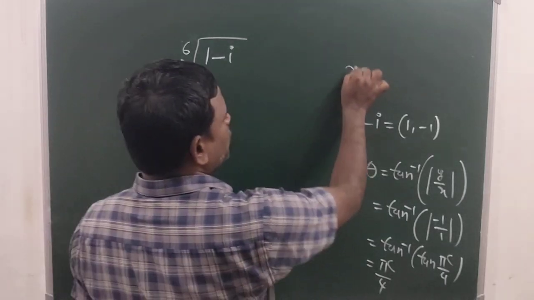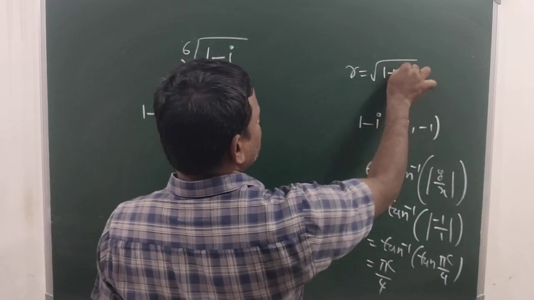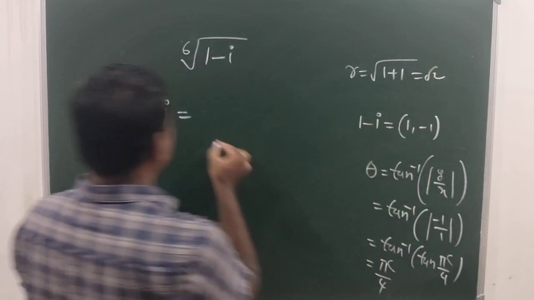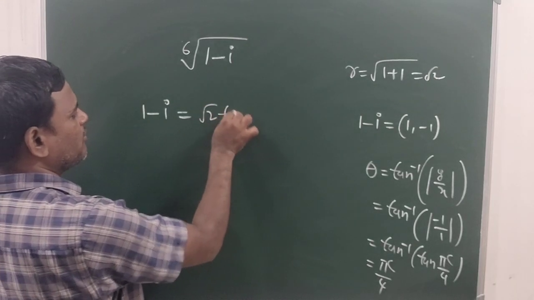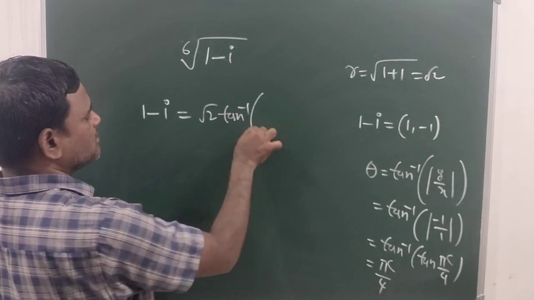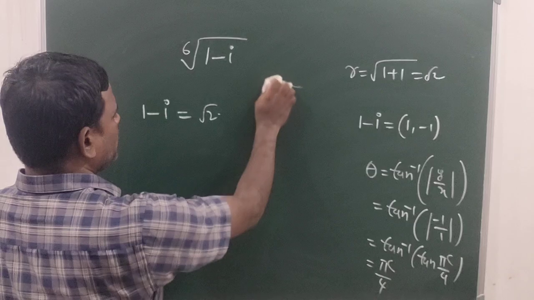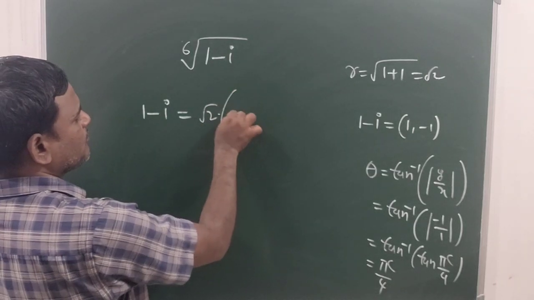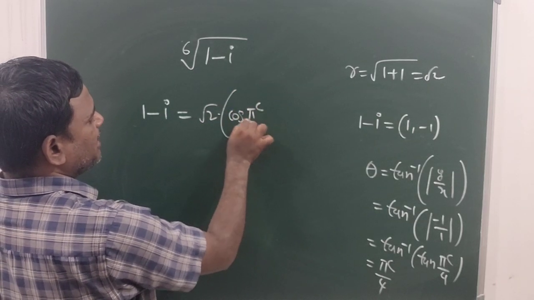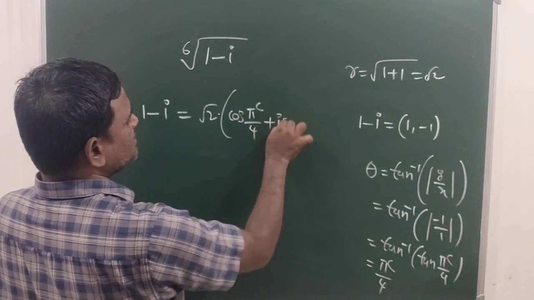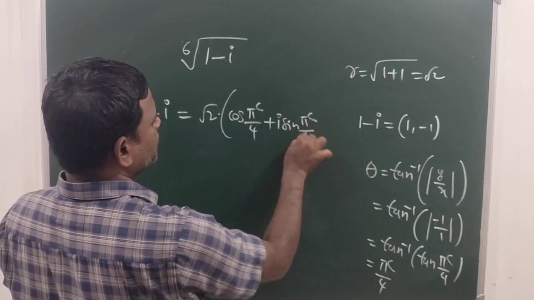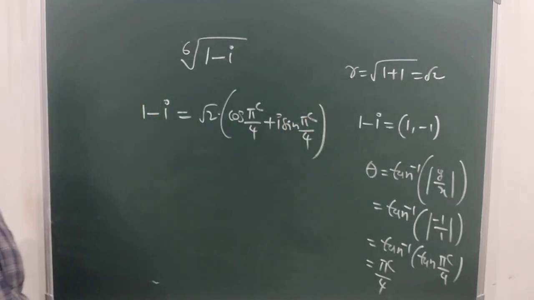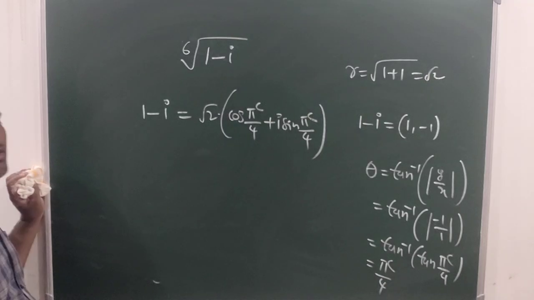Now magnitude is how much? Root x square plus y square, which is equal to root 2. Now root 2 times of cos of pi radians by 4 plus i sin pi radians by 4. So you have converted into the polar form.